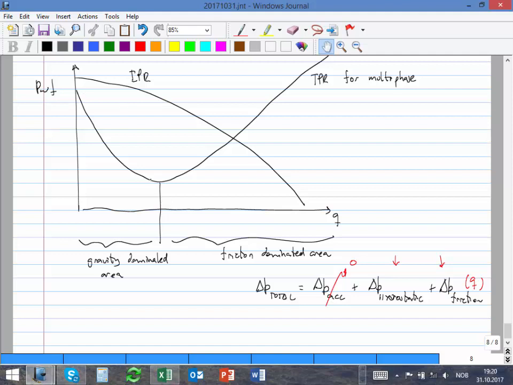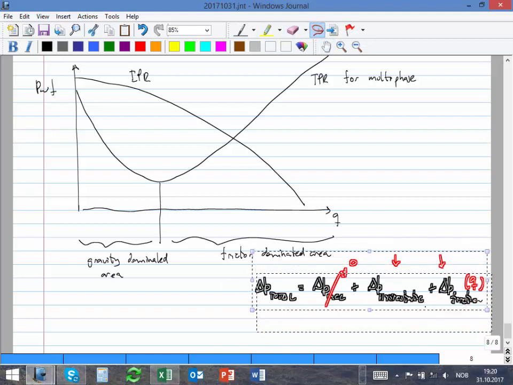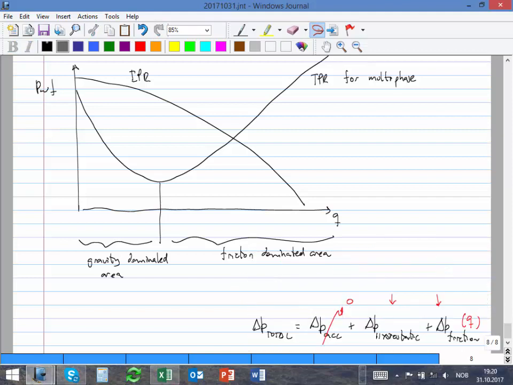So the reason is that this thing is bigger in this region. In this region, the delta P of the friction is much more important than delta P of hydrostatic.